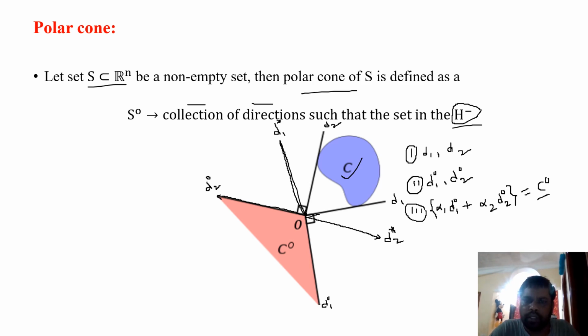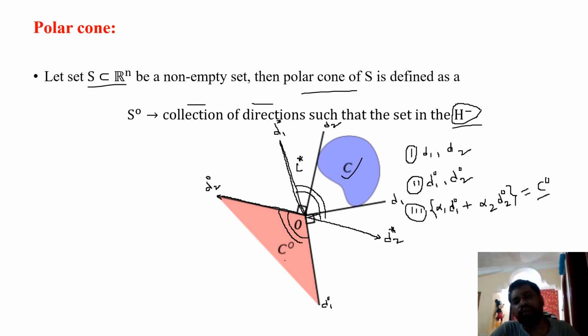Here, this cone is a dual cone, the notation of the dual cone we call C star, and this cone is C naught, the polar cone.